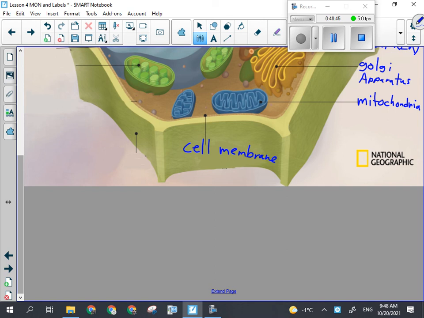The cell membrane's job is to control endocytosis and exocytosis, in other words, what gets in or out of the cell. That is controlled by the cell membrane, not by the cell wall. In this course, I'm going to need to see those two words, endocytosis and exocytosis, which we'll talk about tomorrow. Those are the technical names for movement into the cell, endocytosis, and out of the cell, exocytosis.